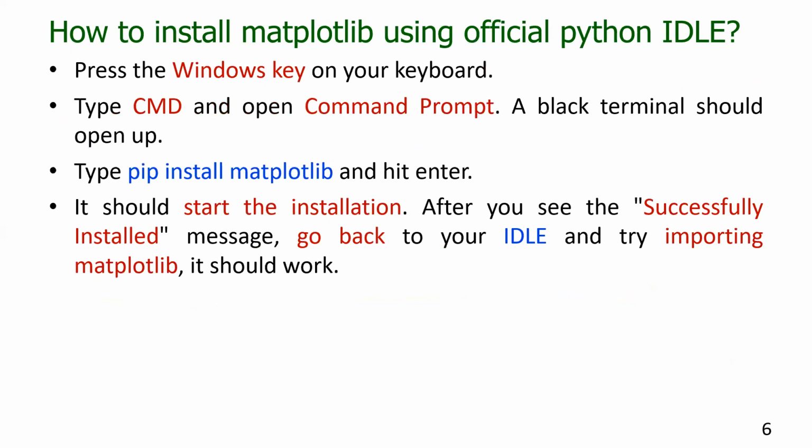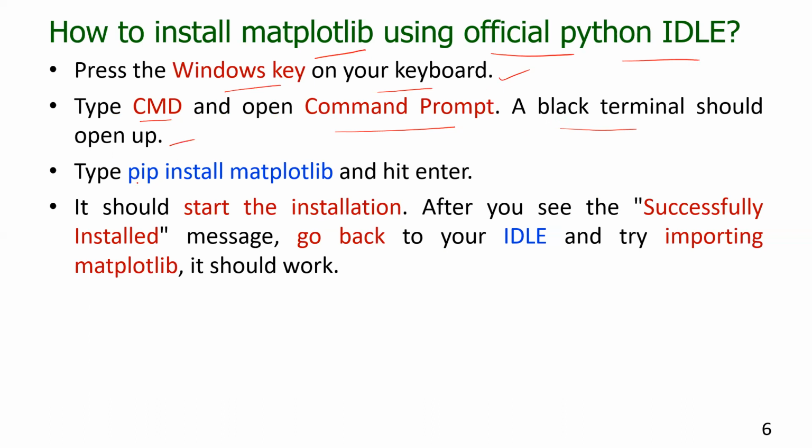Let us see how to install Matplotlib using the official Python IDLE. In our system, press the Windows key on your keyboard. Then go to the command prompt by typing cmd and open command prompt. Then a black terminal should open up.